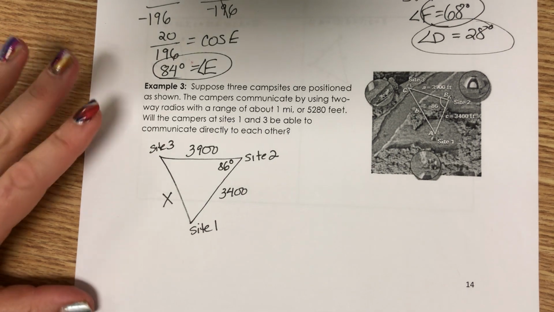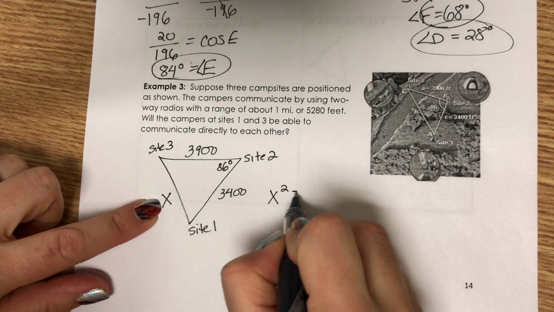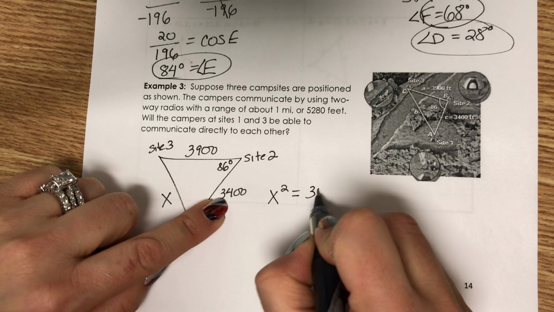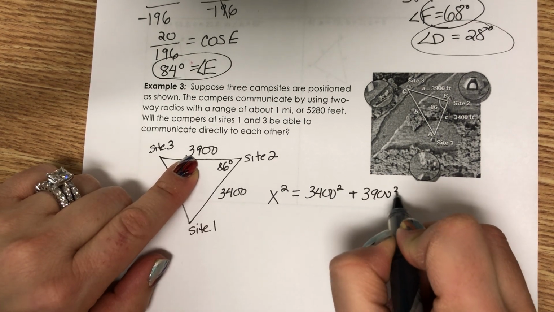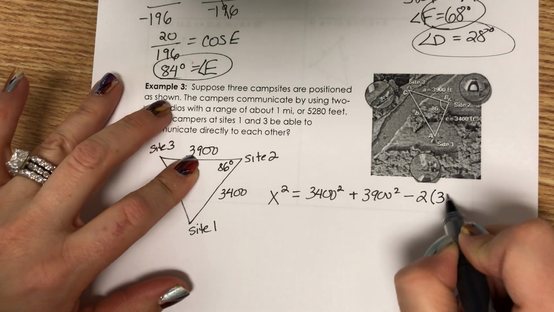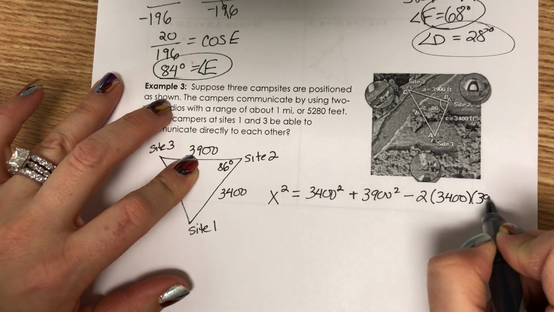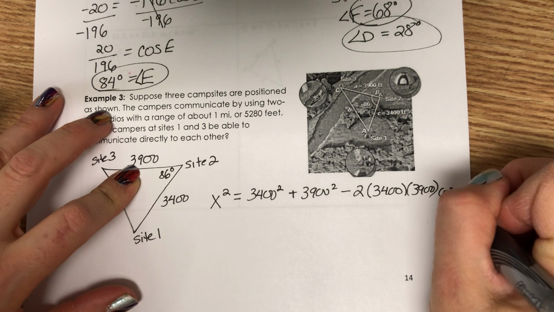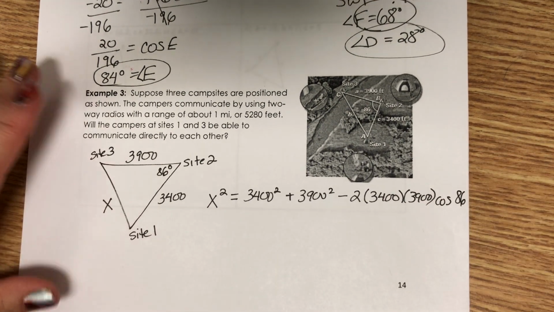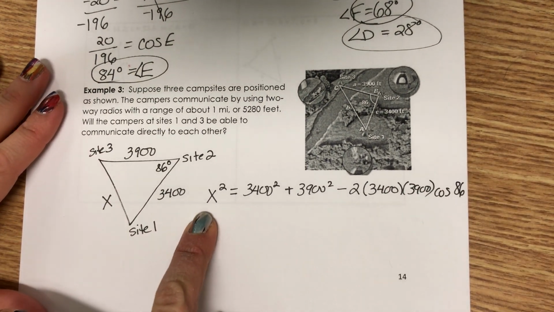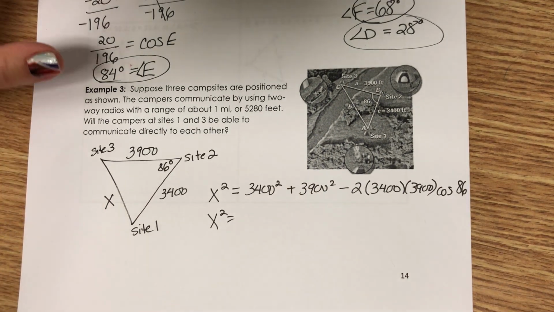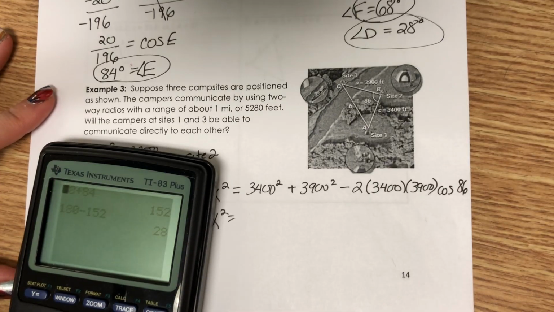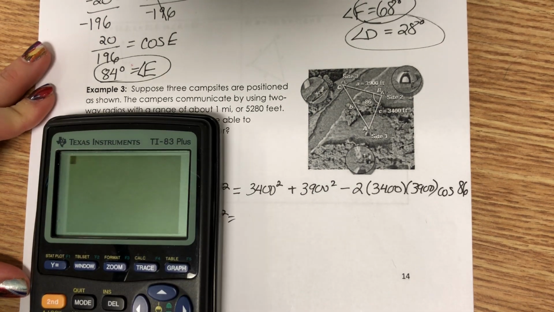And we're going to set up the law of cosines. So x squared equals one side squared plus the other side squared minus 2 times, oh no, cosine 86. All right, just fit it. When you're solving for the side, I can type all of that in exactly as it looks. I don't have to be fancy like I was in number 2. Just make sure you're typing the right numbers.